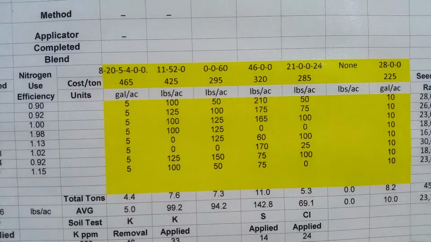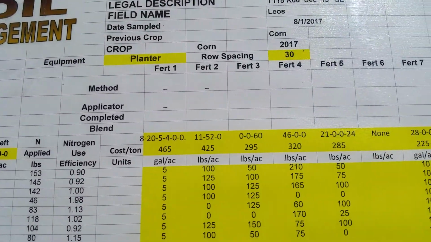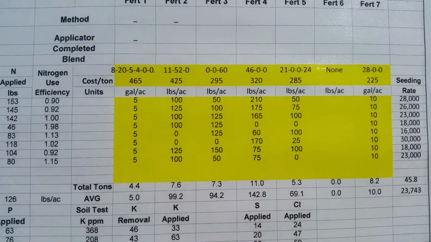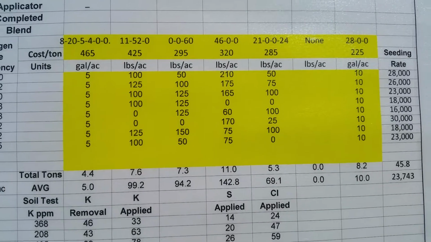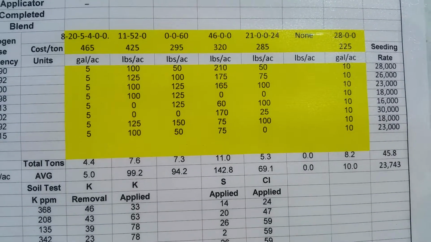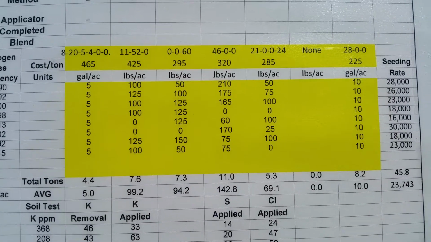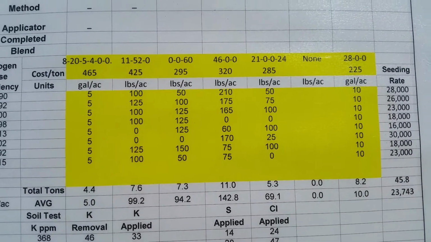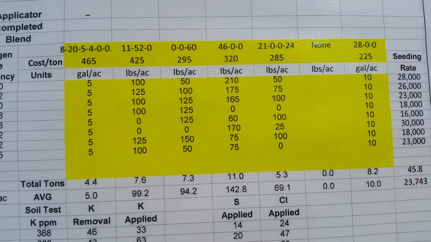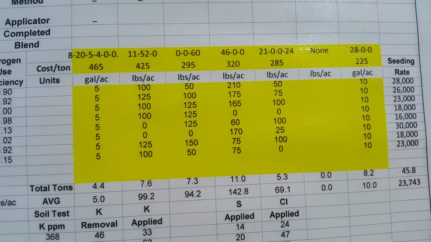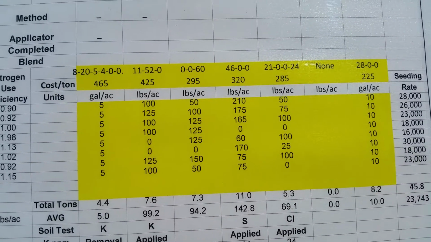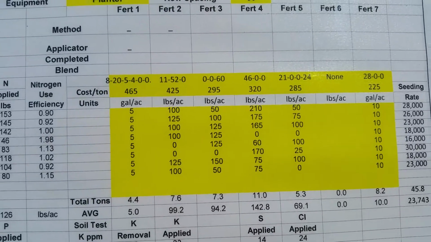So now we're going to go down and I'm going to try to keep my shadow out of here. Here are the nutrients. The starter, flat rated at 5-11-52-0. Fall applied, anywhere from 0 in the places that can't use it or don't need it, up to 125 where they're short.